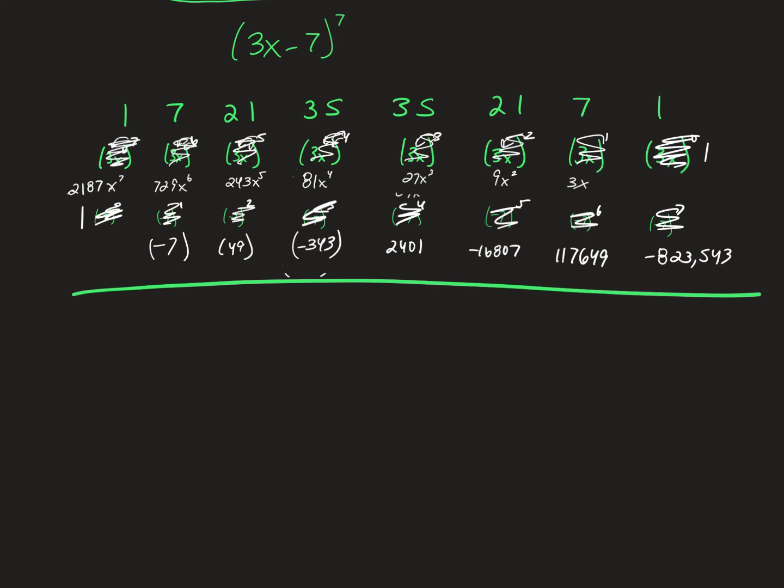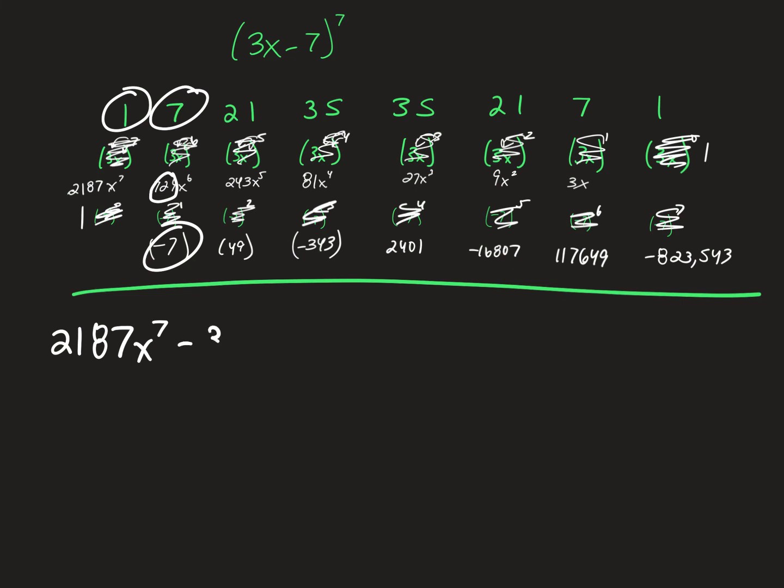Everybody with me? All right, so multiply numbers. We're almost done. What's 1 times 2,187 times 1? 2,187 x to the 7th. Okay? So then I have 7 times 729 times negative 7. Negative 35721, minus 35721 x to the 6th, right?